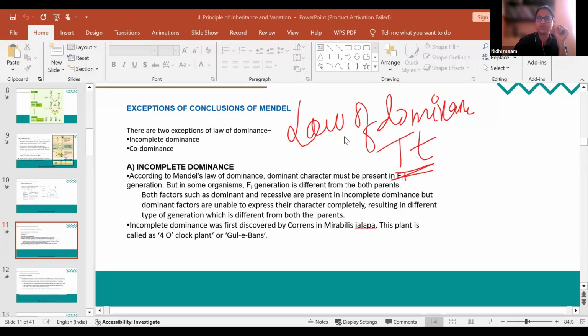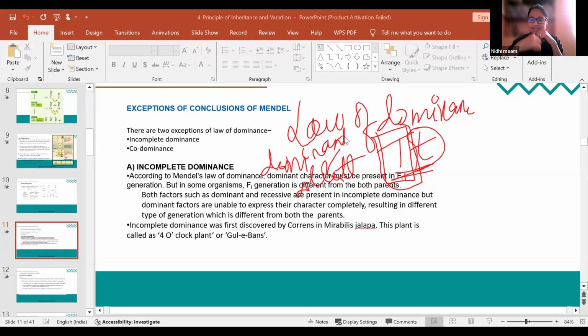Because of the presence of the tall allele, which is a dominant allele. What about the dwarf one? It is called the recessive allele. All of you mute yourself. So it is called the recessive allele.